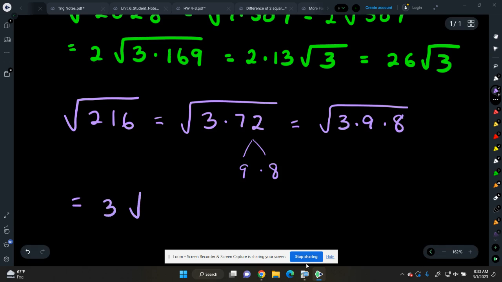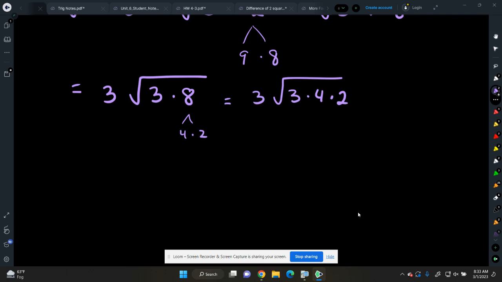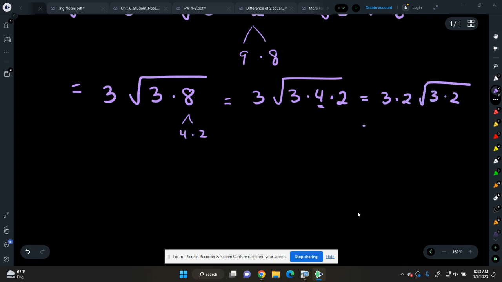That's 3 times the square root of 3 times 8. 8 is 4 times 2, so we've got 3 square root of 3 times 4 times 2. We can take the square root of 4 out: 3 times 2 outside, 3 times 2 inside. That gives me 6 square root of 6.